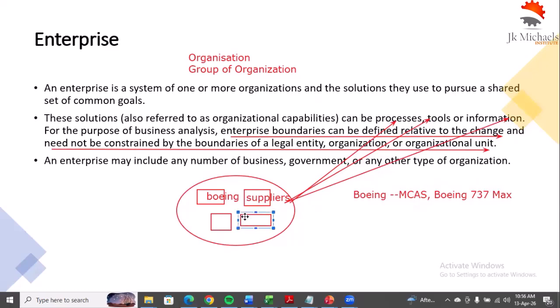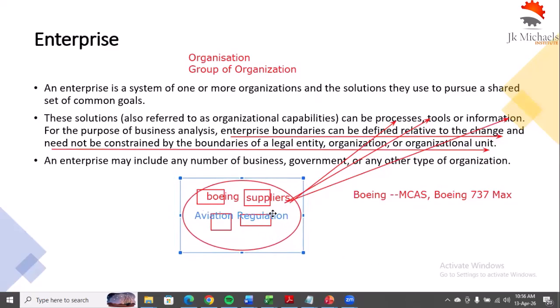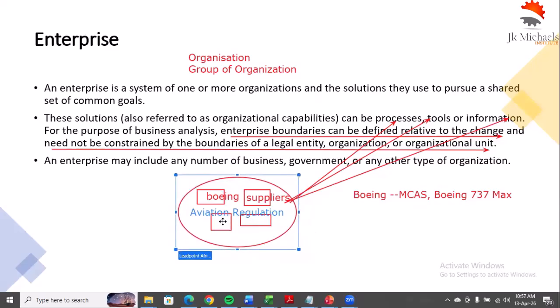So we also have the aviation regulation, which would be part of the enterprise, trying to ensure that the rollout of this technology is safe, as well as the IT service providers that coded or prepared the MCAS.